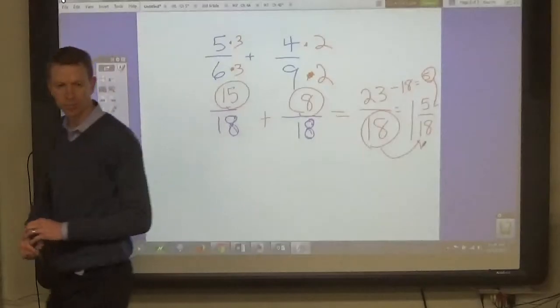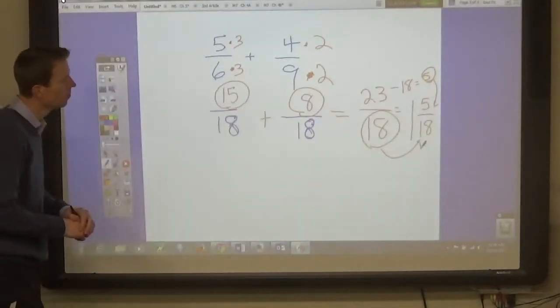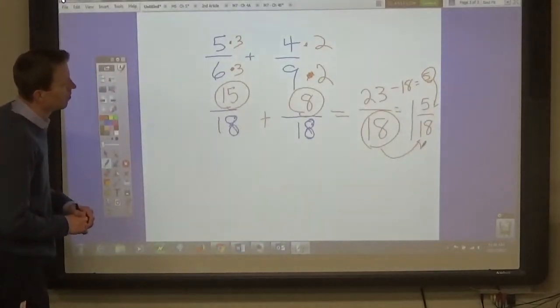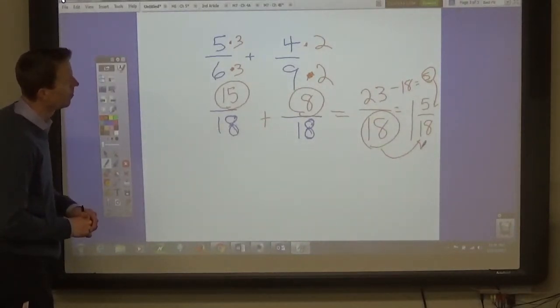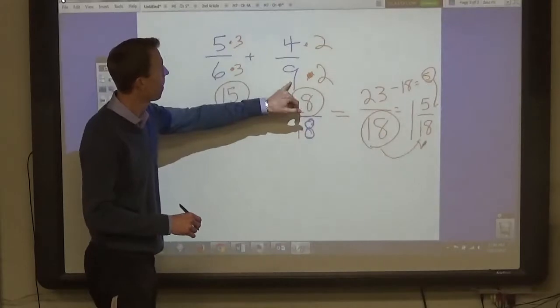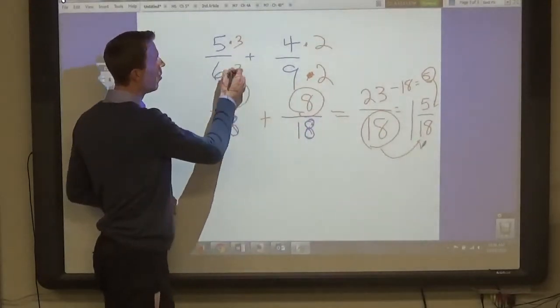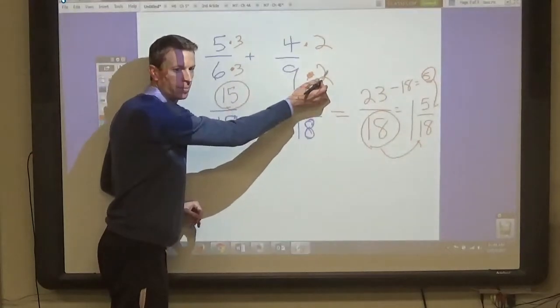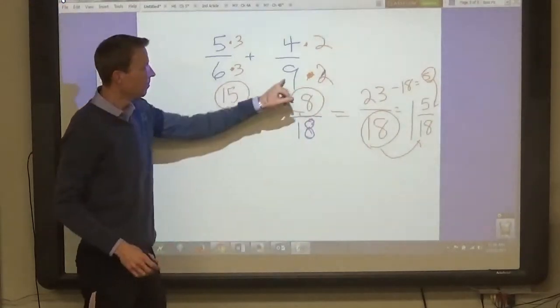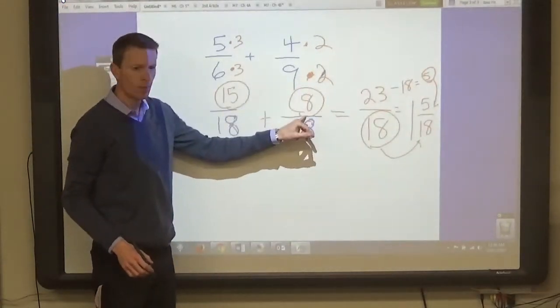Olivia? Wouldn't you have to use 3 for the 4/9? Like how you do 6 times 3? No, we have to use whatever number we multiply the denominator by.